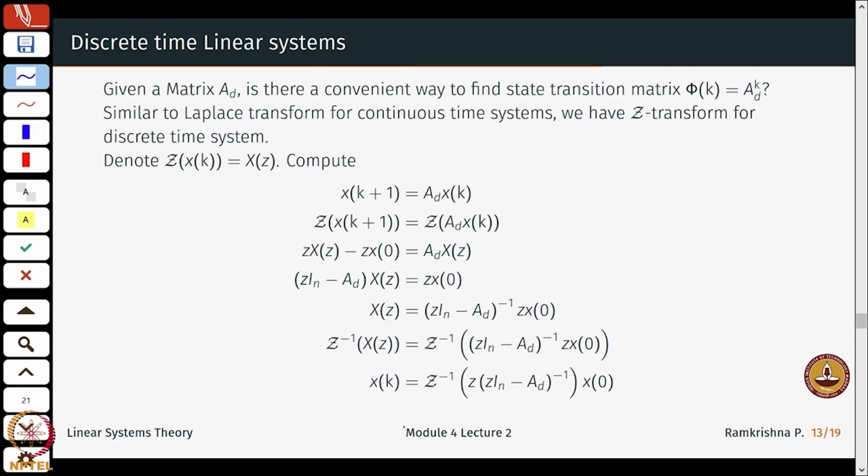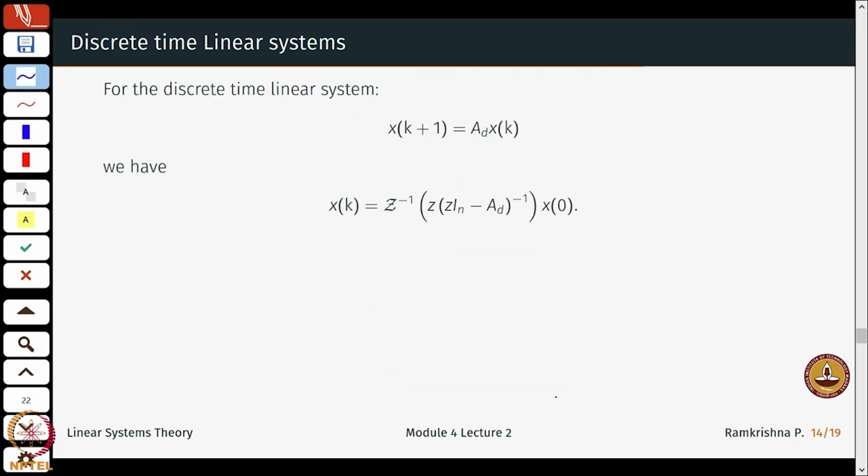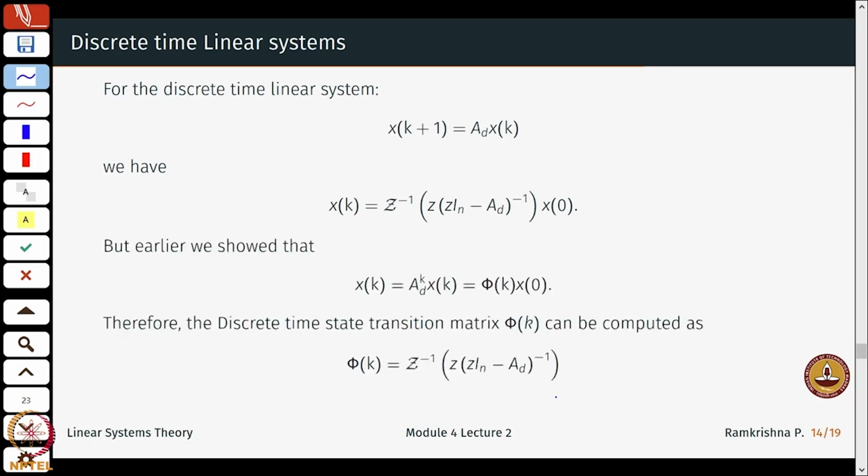As usual, I just start with a difference equation, convert it into the Z domain and then bring it back via the inverse Z transform to my discrete time domain. Again, I will skip the steps, very similar to what we did in the Laplace domain for solving continuous differential equations.